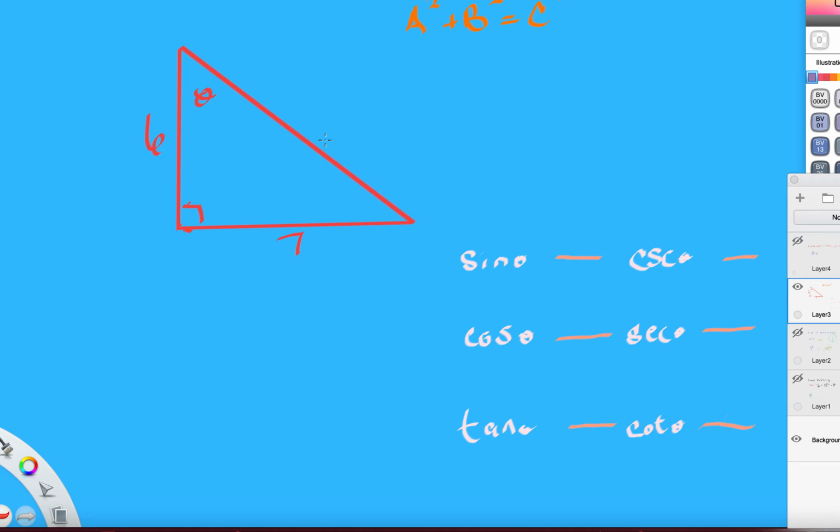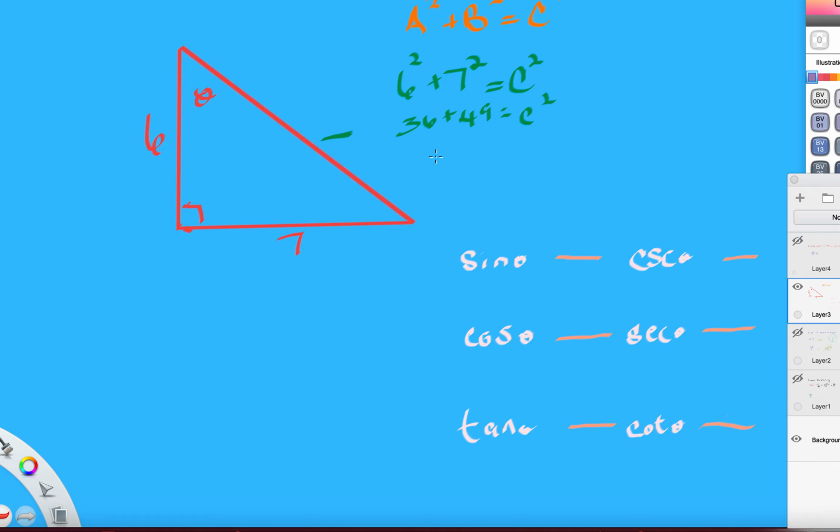I don't know what my hypotenuse is, right? Okay, well, I use the Pythagorean Theorem, a squared plus b squared equals c squared. So it's going to be 6 squared plus 7 squared equals c squared. Great. 36 plus 49 equals c squared.